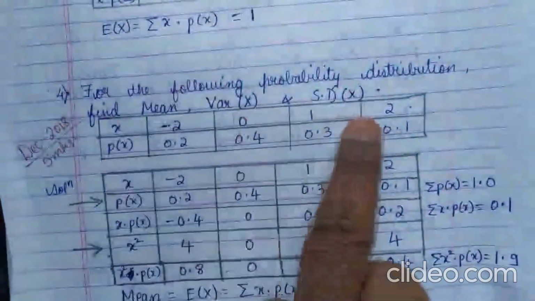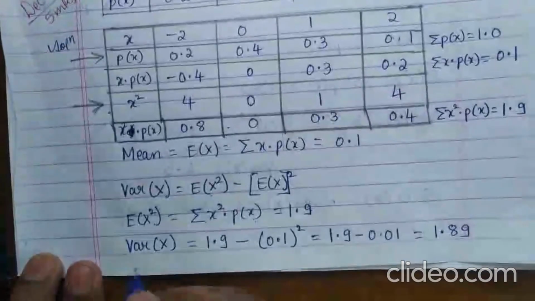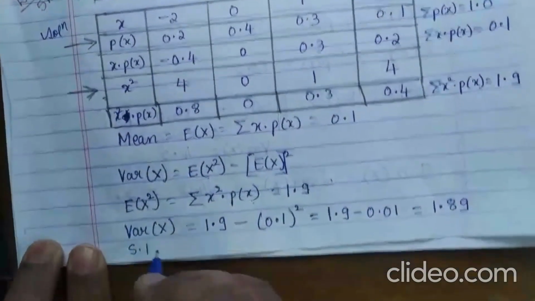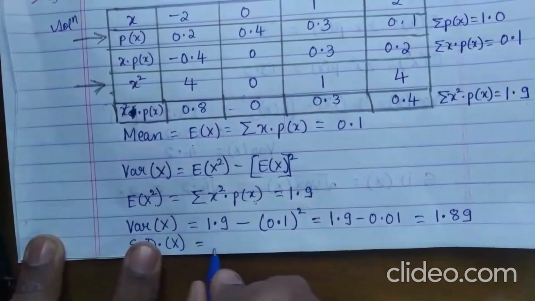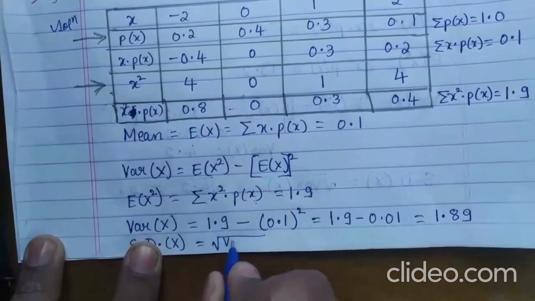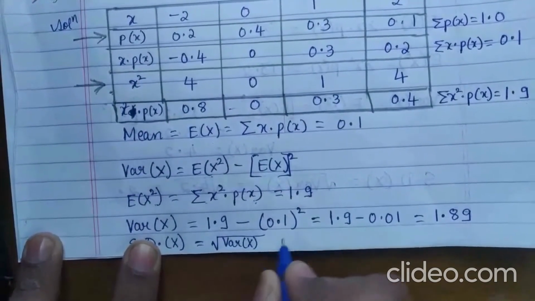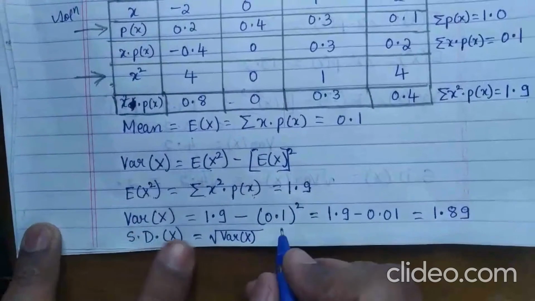And lastly, we can find out the standard deviation of x. The last thing they have asked is standard deviation of x. It is very easy. SD of x is equal to square root of variance of x. These formulas I've given you in the first class.